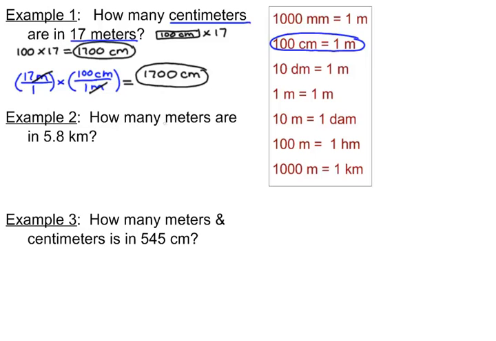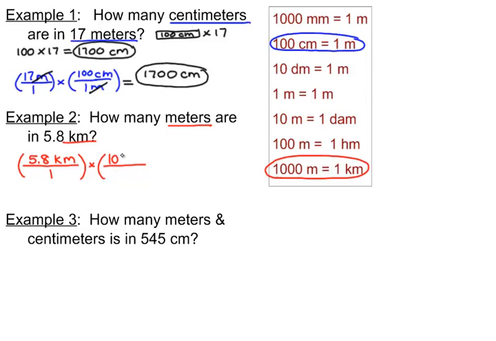The next question is, how many meters are in 5.8 kilometers? I'm going to just use my fraction method. I'm going to start out with my 5.8 kilometers. I'm going to put it over 1 because I can. Now I need a conversion between meters and kilometers, which I know: there are 1,000 meters in 1 kilometer.